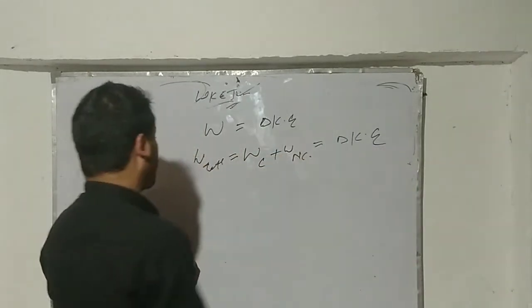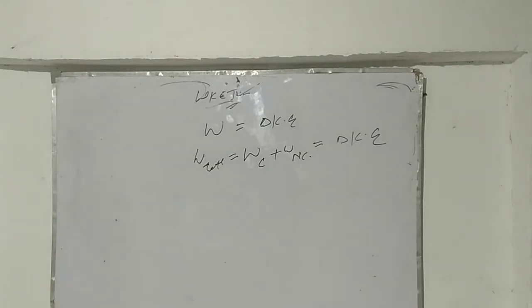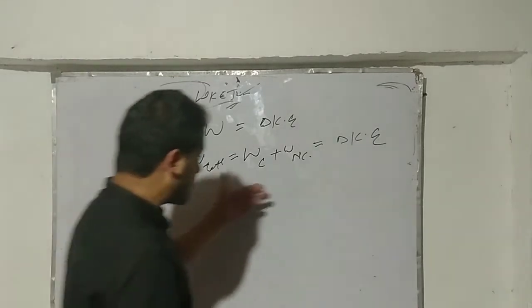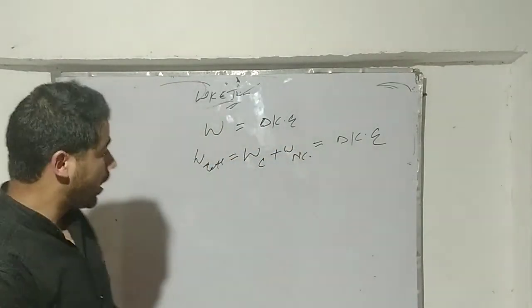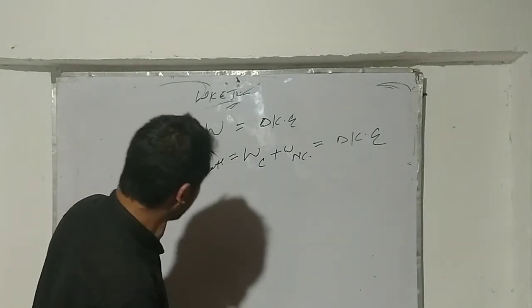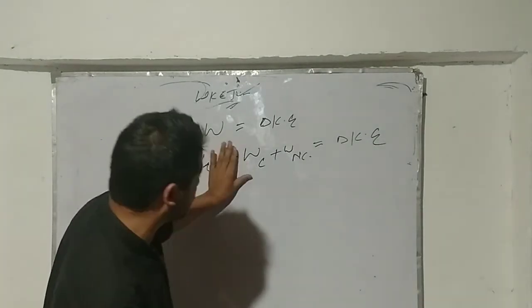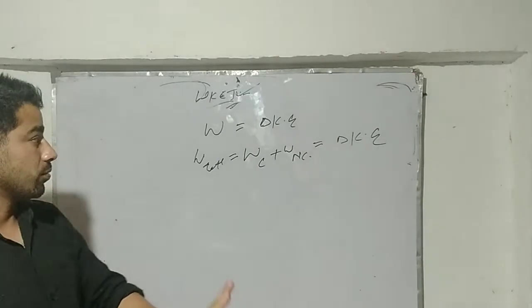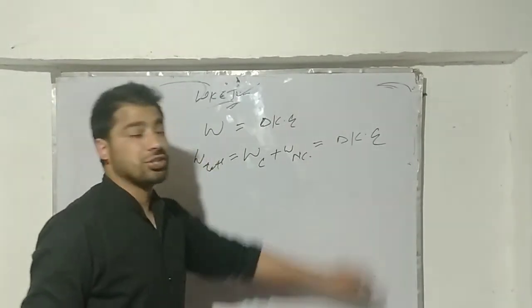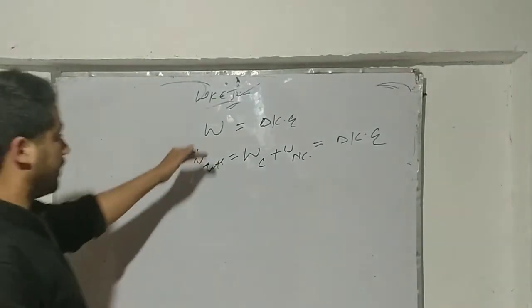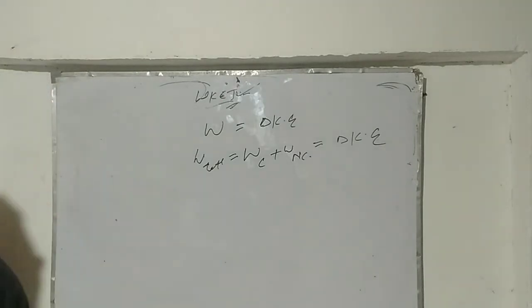Means there will be the work done by the conservative forces plus the work done by the non-conservative force, and it must lead to the change in kinetic energy. This is something we got from the last lecture.